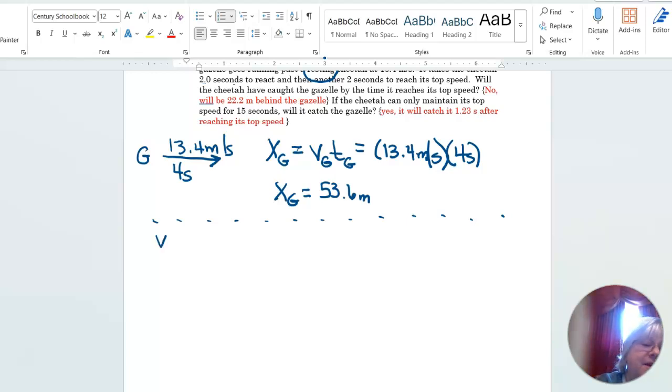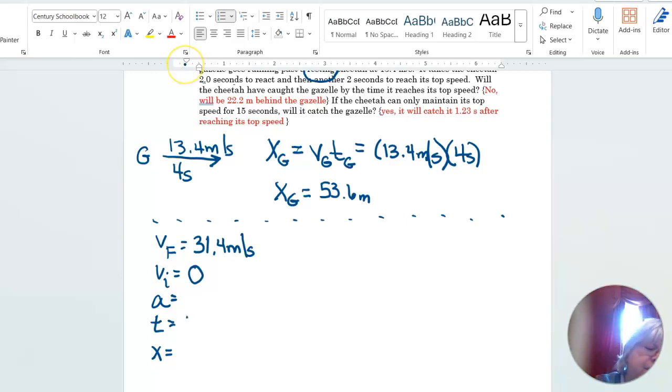So what I'm going to have to do is set up my kinematics equations. So I'm going to say VF, VI, A, T, and X. And what I know is that I start from rest and I reach a speed of 31.4 meters per second.